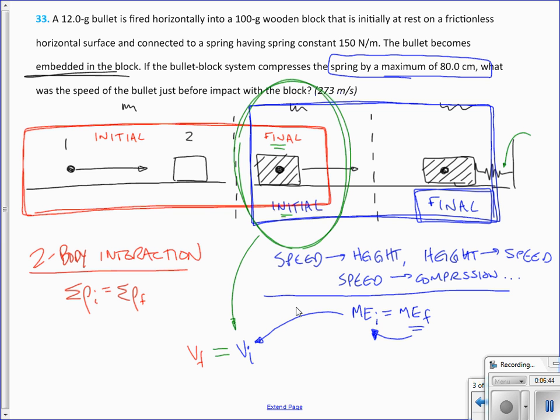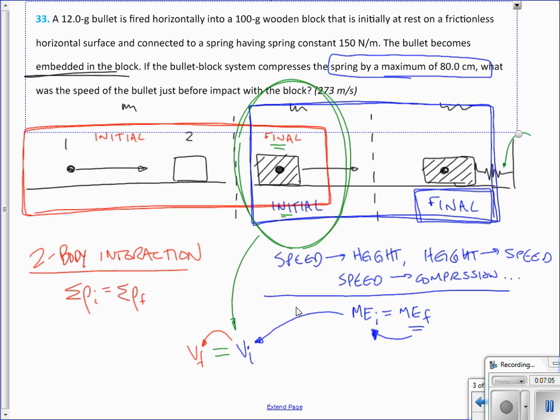The initial velocity of the block in the energy conservation part is actually the final velocity of the block and the bullet during the two-body interaction, the momentum part.